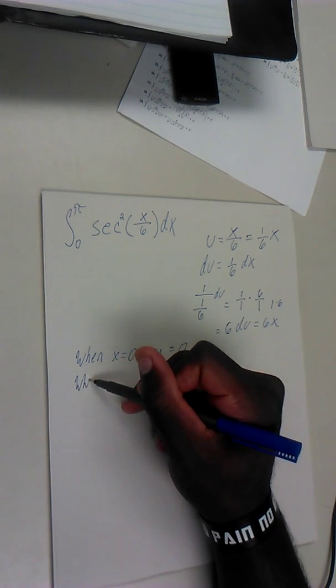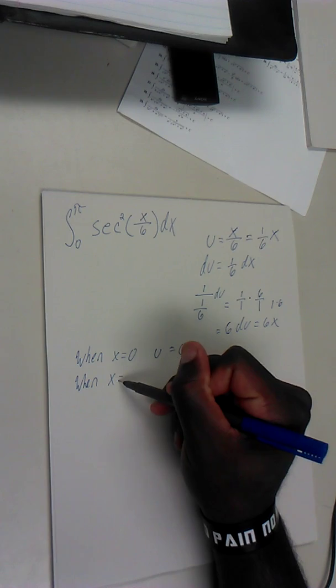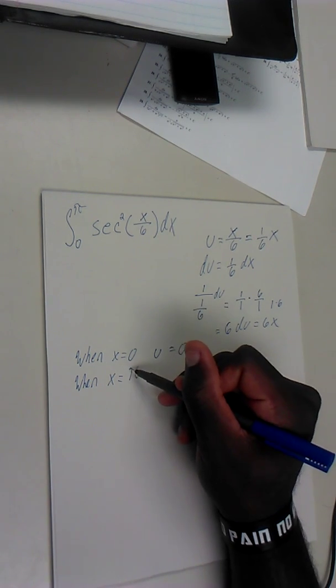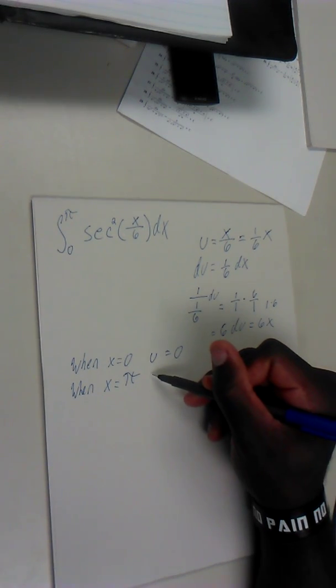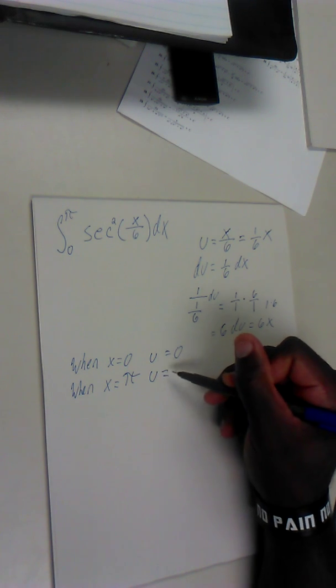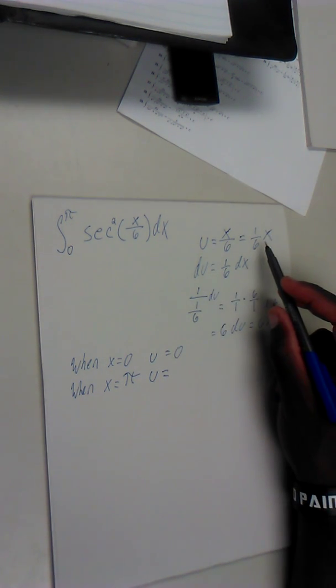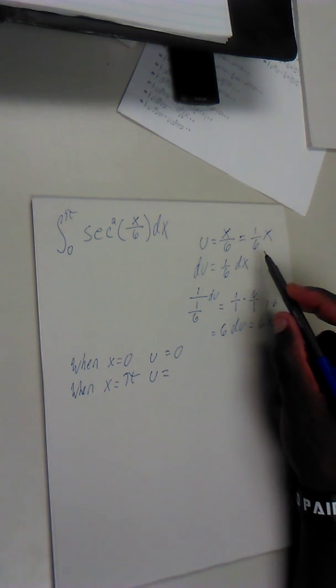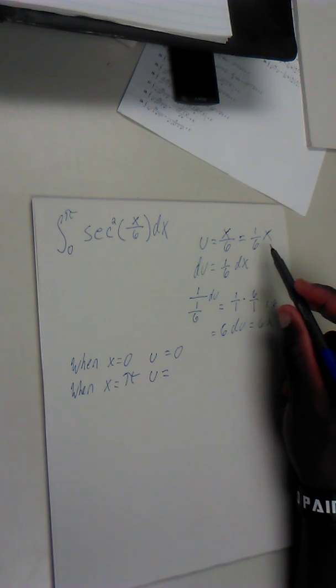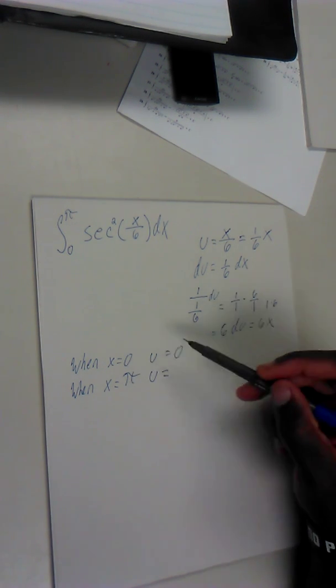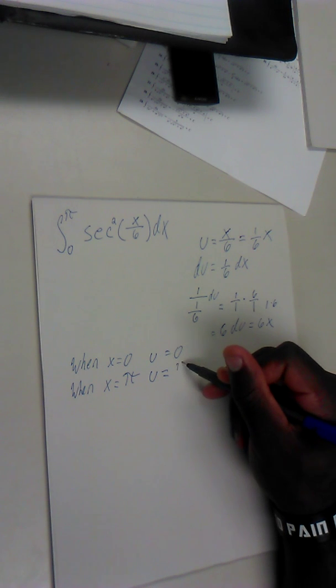And when x is equal to pi, what will u be? 1 over 6 times pi is pi over 6. You plug in pi for x, so u is equal to pi over 6.